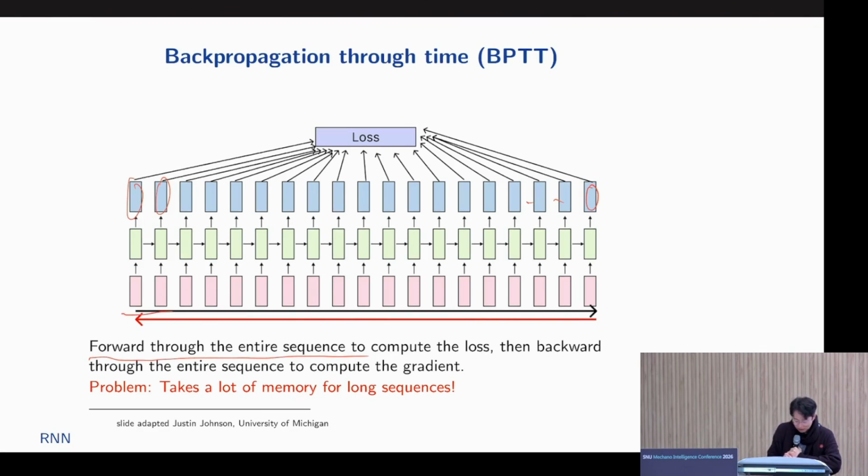You first need to go all the way here so that you can add this guy and compute the loss. And then, given the computed loss, you need to backprop all the way back to the beginning. And it's going to take a lot of memory for long sequences.